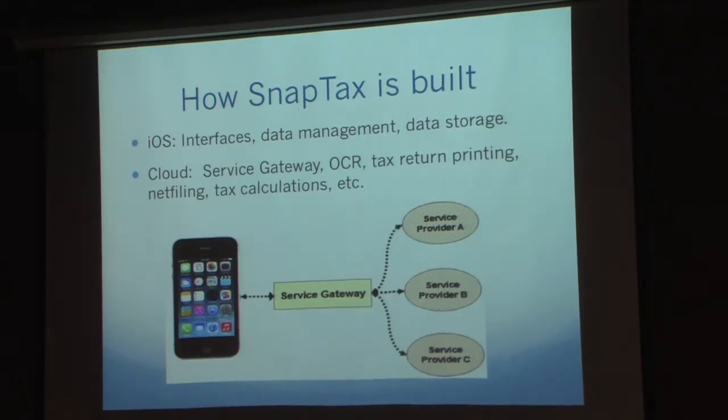Interestingly, the service that does the calculations also does the calculations for TurboTax Online. So if we were to ever want to expand SnapTax, all the calculation backend is already available for us. We just need to update the display and possibly update the service gateway to manage some of the back and forth.